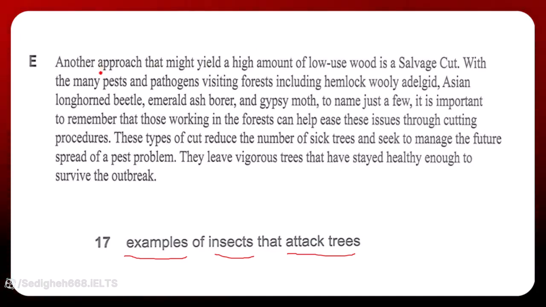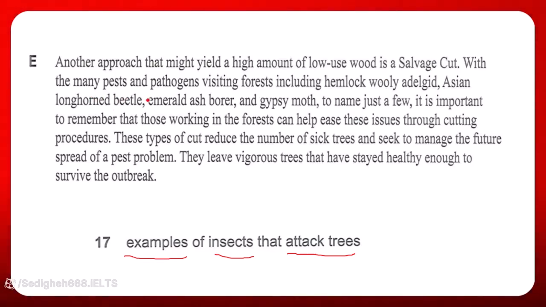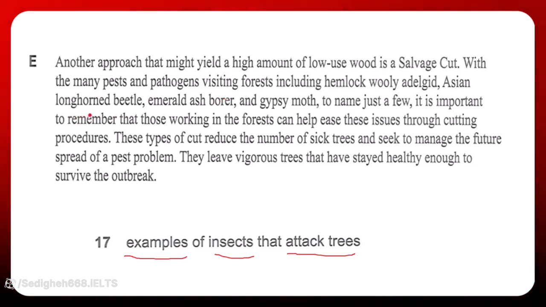Another approach that might yield a high amount of low-use wood is salvage cut, with the many pests and pathogens visiting forests, including hemlock woolly adelgid, Asian longhorn beetles, emerald ash borer, and gypsy moth. So, to name just a few.